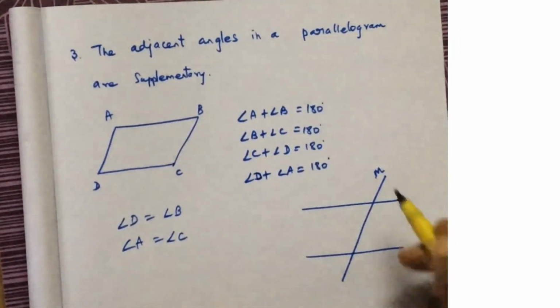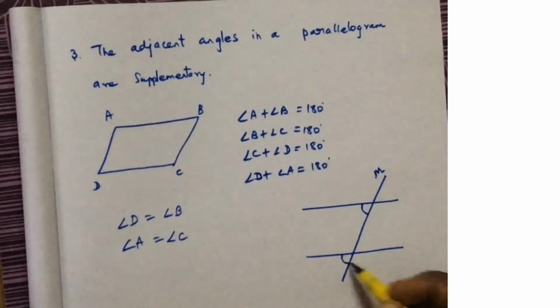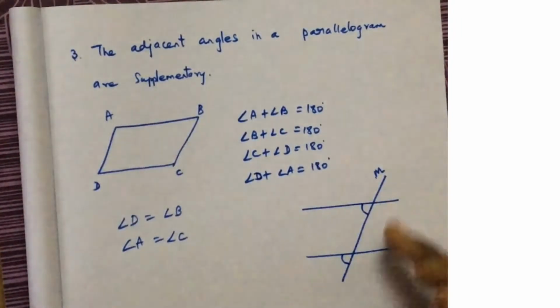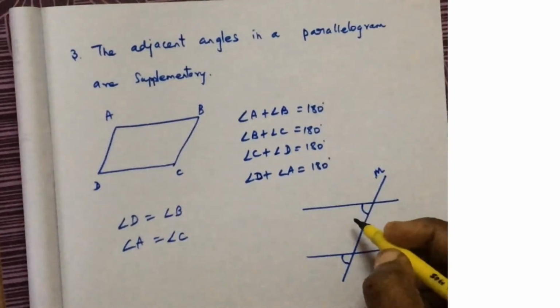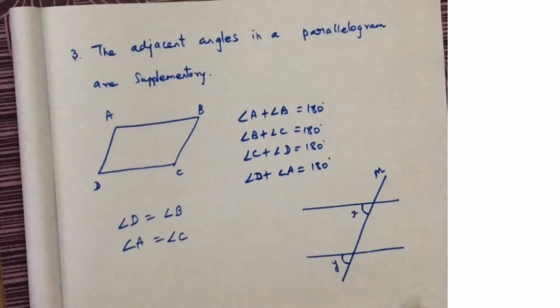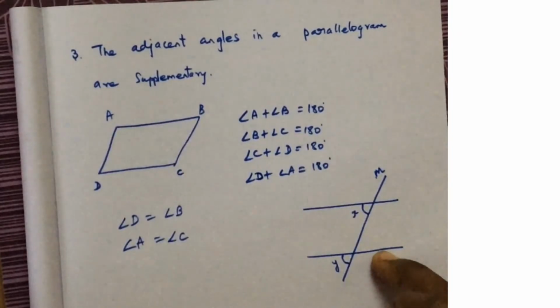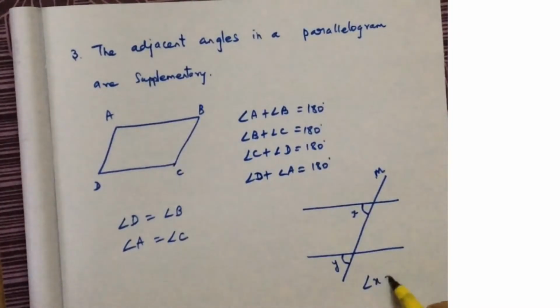Now you can see this angle and this angle are called corresponding angles, and these two angles are equal. Let me name them X and Y. If there are two parallel lines and another line which is transversal to these two lines, then angle X equals angle Y. Why? Because they are corresponding angles.